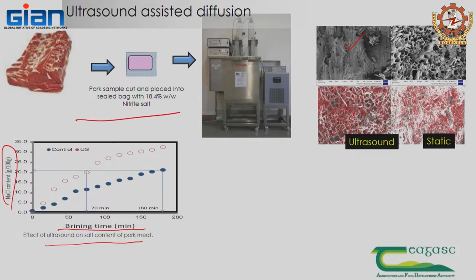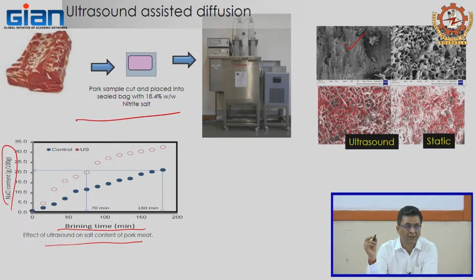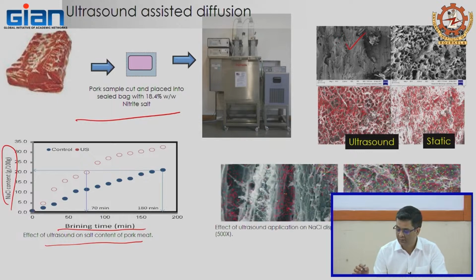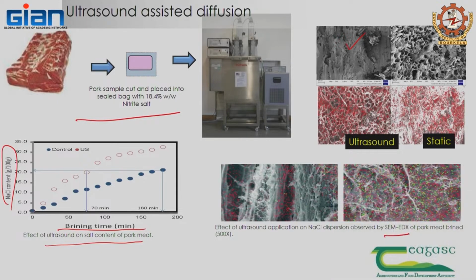Yeah. When we give ultrasonic treatment, if you get proper SEM images, you will see the surface becomes porous. These are not big pores, these are micropores because of ultrasound. That is why we call it sonoporation, and these red dots are sodium chloride measured by using SEM EDX.